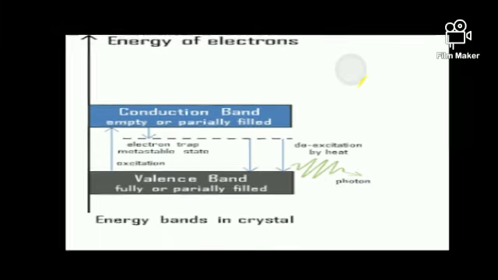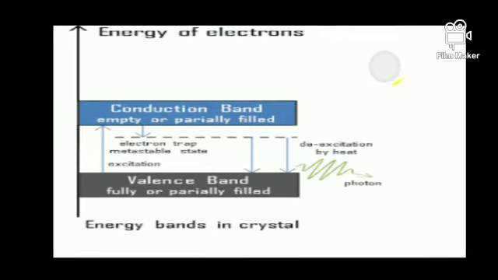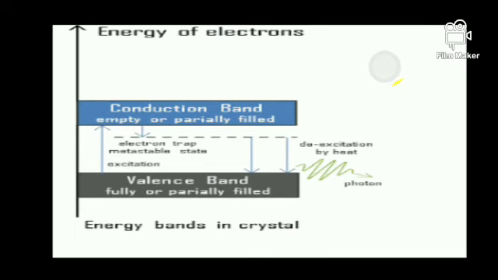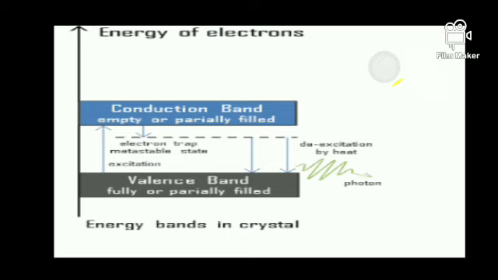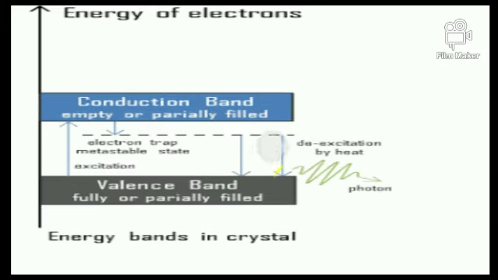So next thing is we are moving to how the TLD works. We know about something called the valence band and conduction band. Once the X-ray comes, as X-rays are coming like this, it will strike the valence band area, and this area has all the ground state electrons.